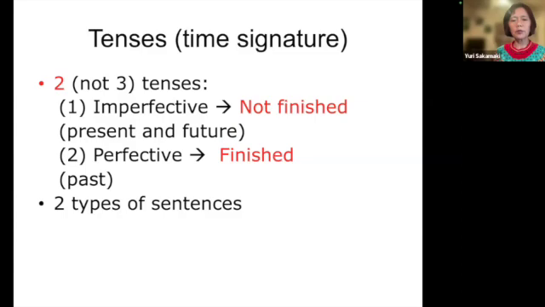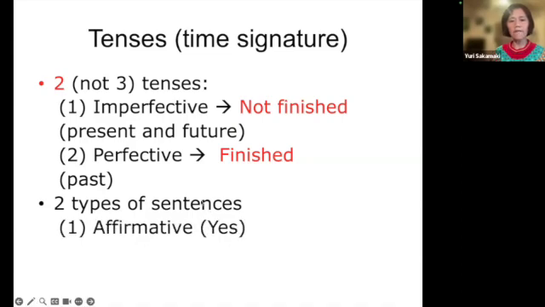And we also have 2 types of sentences, which the English language has as well. One is affirmative, so yes sentences, like I'm your teacher, or the dog is very cute.